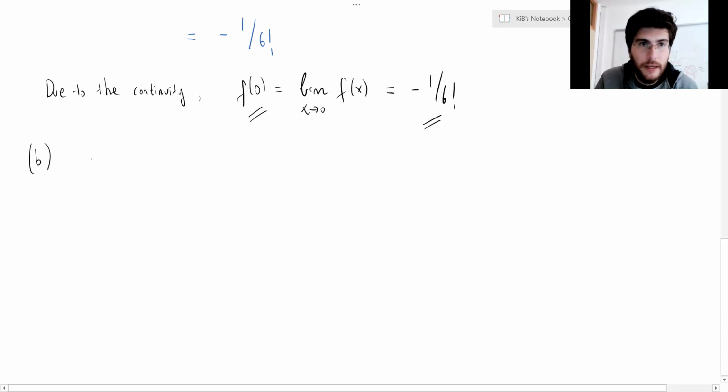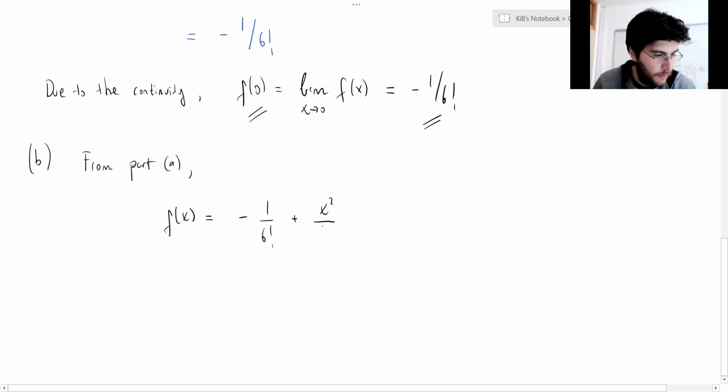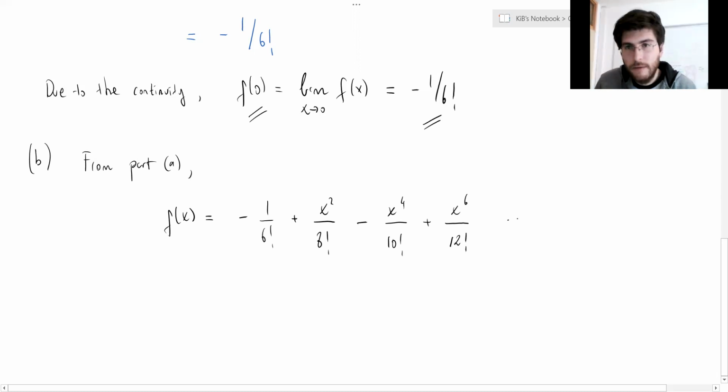By using part A, or using the same analysis that we did in part A, after canceling the x to the 6 terms, f(x) is given by minus 1 over 6 factorial plus x squared divided by 8 factorial minus x to the 4 divided by 10 factorial, for instance, and plus a couple of terms, 12 factorial, and the story goes like this, dot, dot, dot.